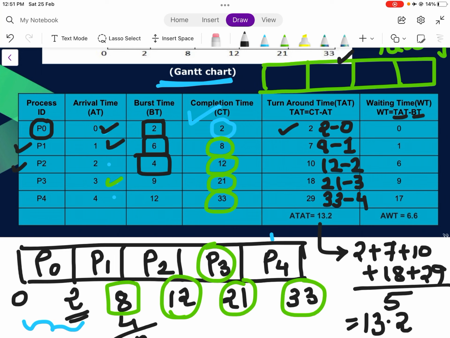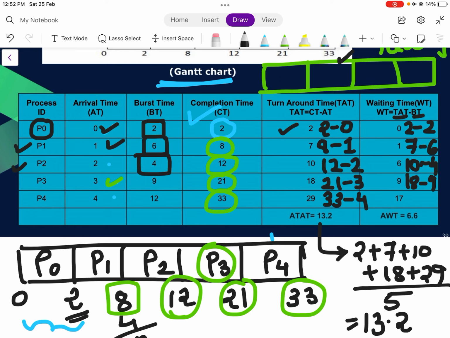Now waiting time is nothing but turnaround time minus the burst time. So turnaround time is 2, 2 minus 2 is 0. 7 minus 6 is 1. 10 minus 4 is 6. This is 18 minus 9.